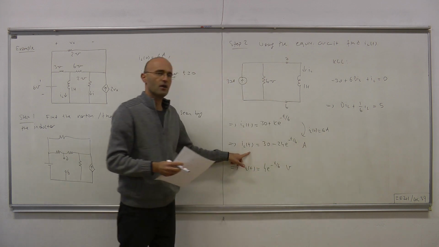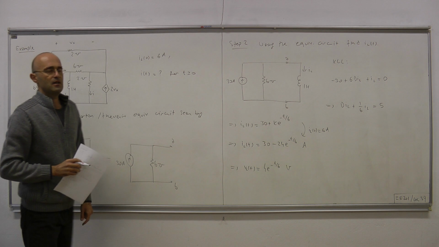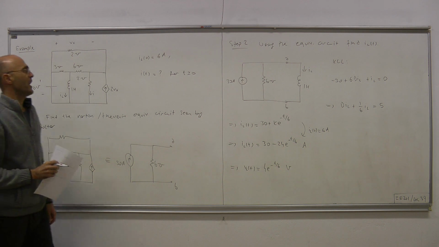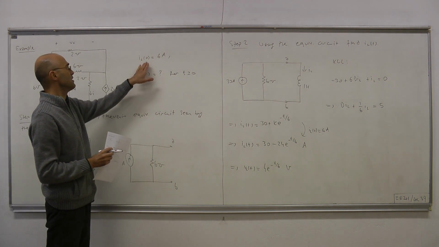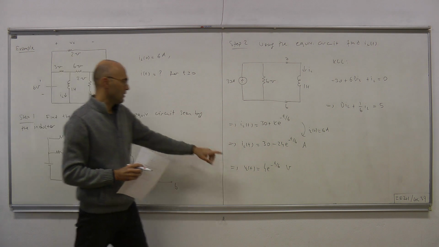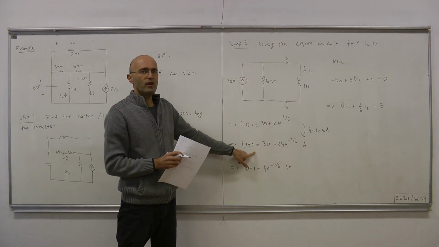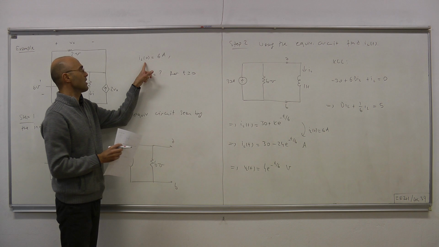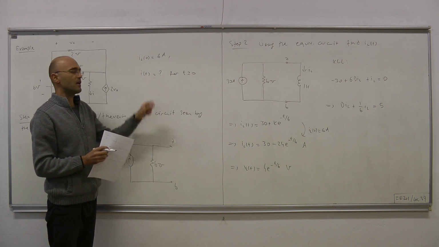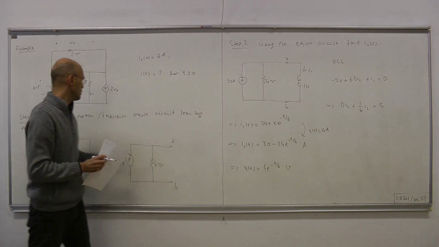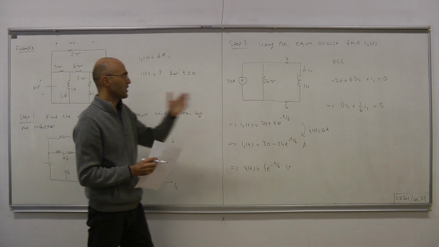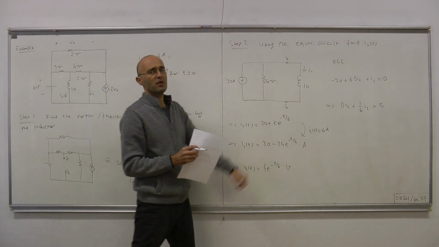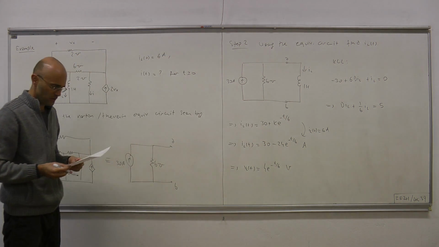So this is the inductor current, and that's the inductor voltage. Now, had we been asked for the inductor current, the problem would have been over, but we're asked for something else. So we have to return to the original circuit. This simpler circuit will not help us at this stage.